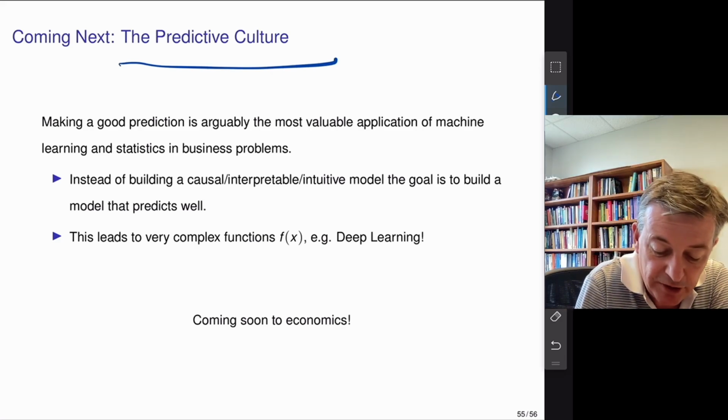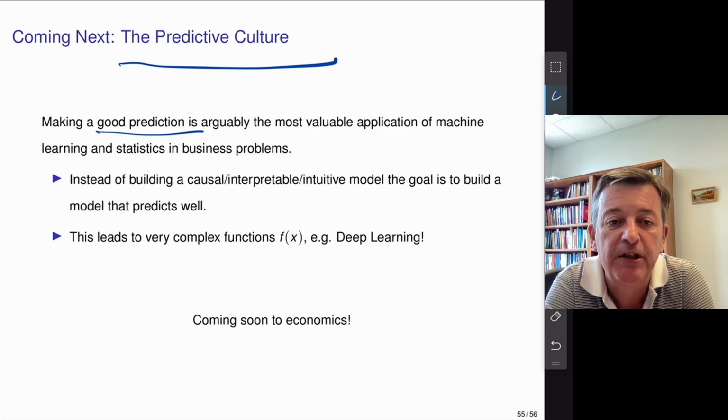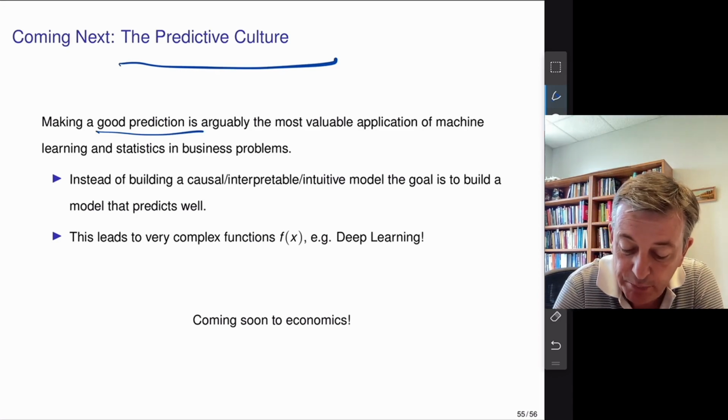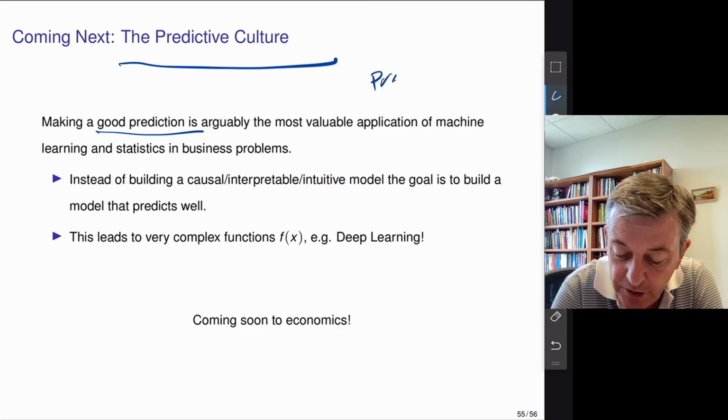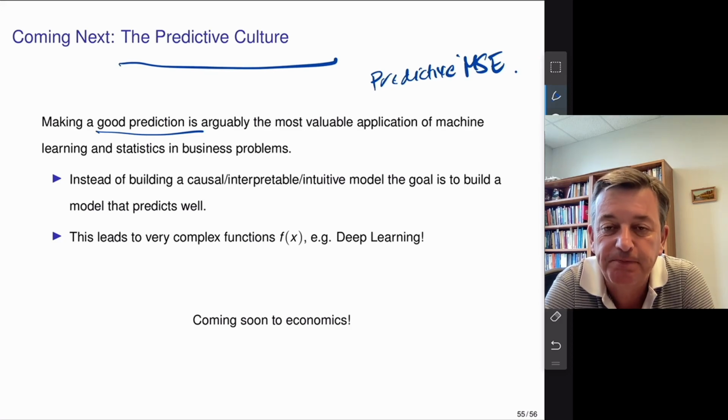So a good prediction in lots of business problems, machine learning, algorithmic problems, I'll look at out-of-sample predictive mean squared error. So what's a good criterion? I'll have a holdout sample, and having trained my model using least squares or fitting a deep learning model, say, I then look at predictive mean squared error.